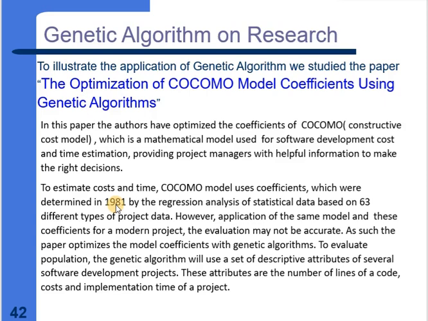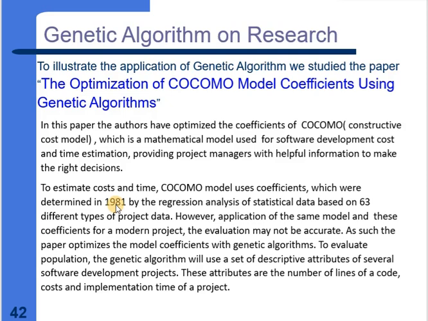And as you can see, from 1981 to 2016-17, when this paper was published, the type of projects, the type of software that we develop, tends to change and evolve. So the problem for software managers, or the people who do the cost and time estimation of software, was that the estimation didn't prove correct, or there were a lot of gaps and lapses in between.